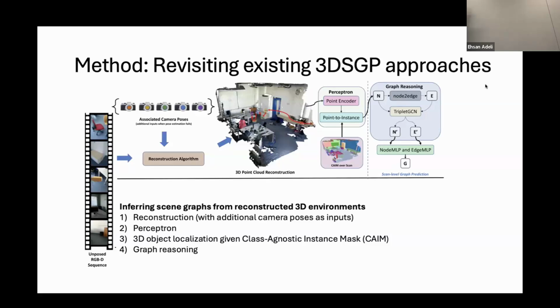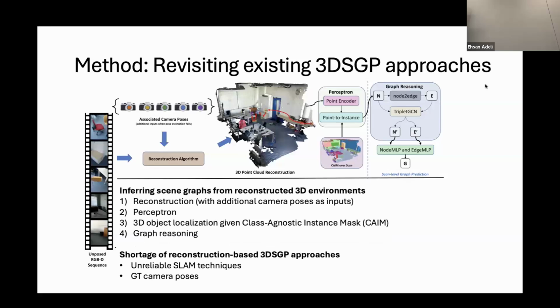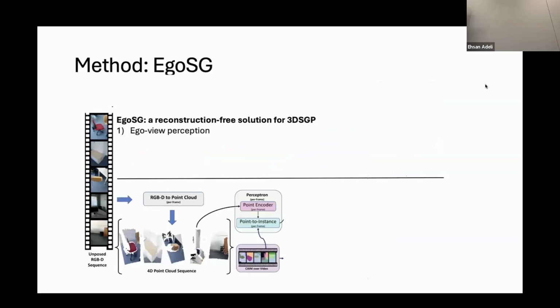Eventually, the refined node feature and edge feature are passed into two MLPs to perform the scene graph prediction for node classification and edge classification. However, their performance is largely limited either when the SLAM techniques become unreliable or when the ground truth camera poses become unavailable in real-world use cases.